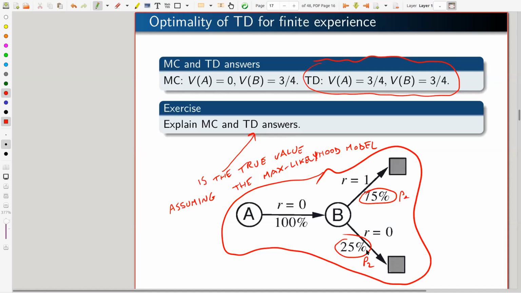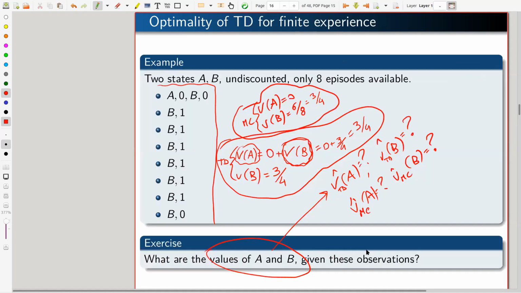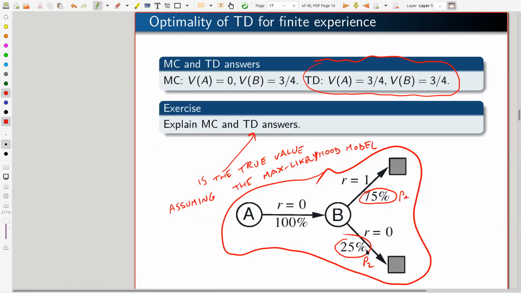So this is the point. By this experience, you are evaluating the probabilities of the coin. And now you say the probabilities of the coin are this one, and then you give me the answer. In this sense, this answer is better. But of course, the Monte Carlo answer is completely plausible.